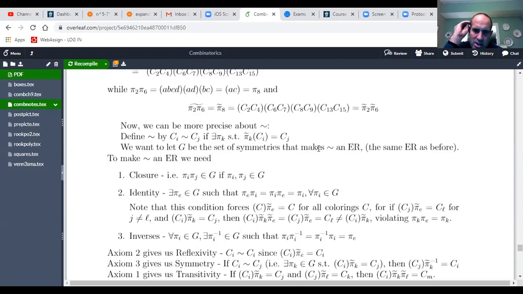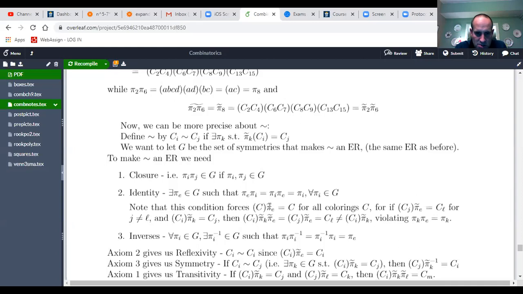So if that happens, then, by the way, right up here, I didn't write it this way. I wrote it like this thing applied to this is Cj. So I'm thinking of this in function notation. But since they always want to do things in a left to right fashion, from this point on, I'm going to be having these permutations operate on these colorings on the right so that we don't accidentally slip into composition mode and compose things in the wrong order. Okay, so let's just read this sentence right here.